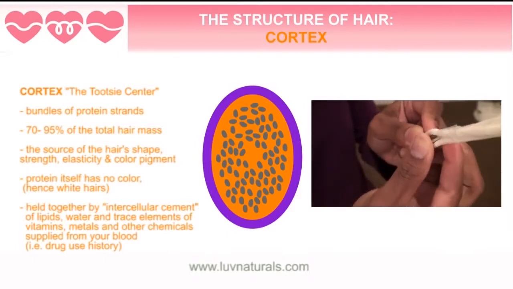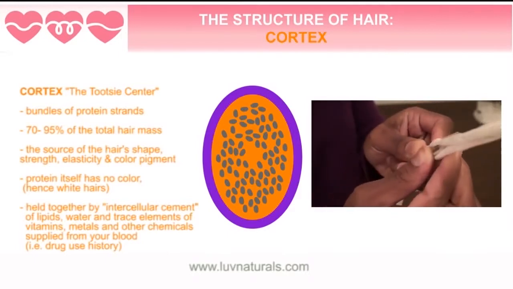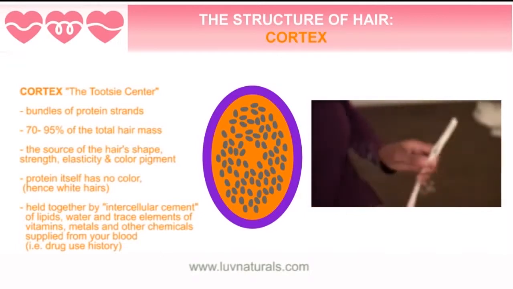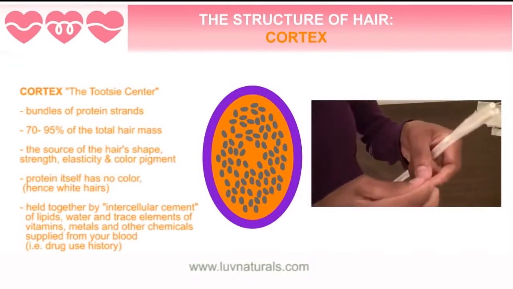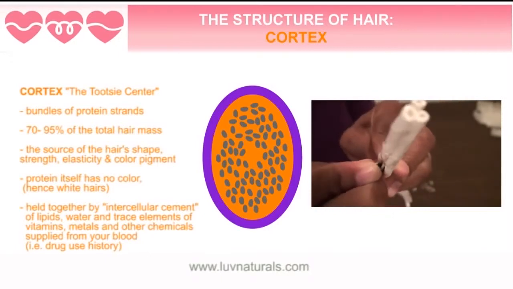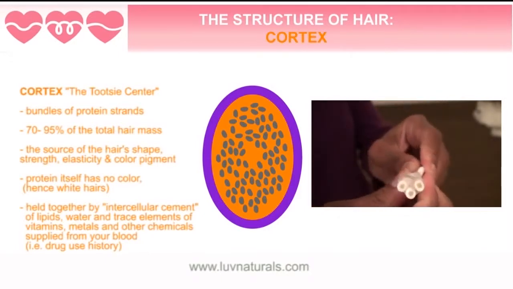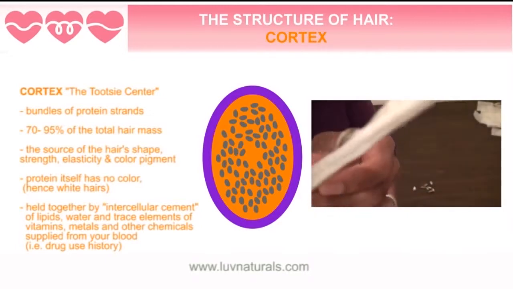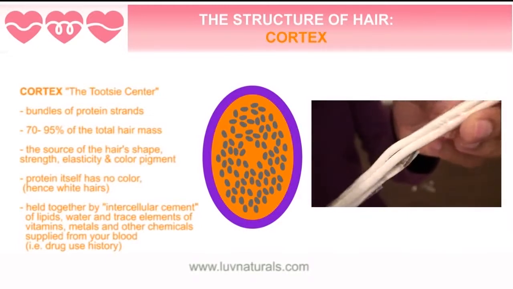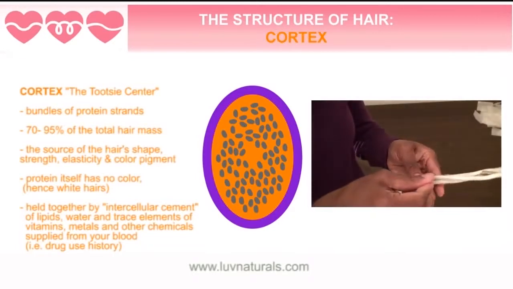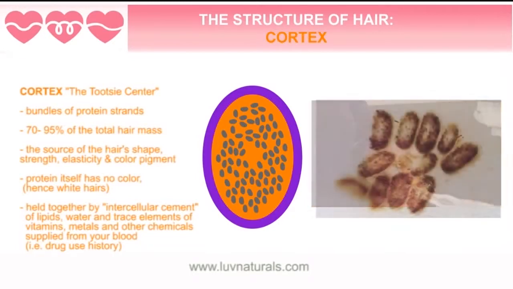The darker your hair, the more you have sprinkled inside. And when melanin isn't present, your hair grows out white because protein strands in your hair have no color. So when there is little to no melanin, you have what we call gray hair, even though it really is white. It just looks gray because it's blending with the rest of your hair.